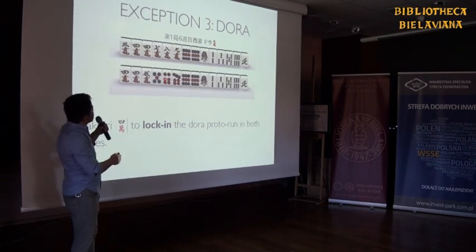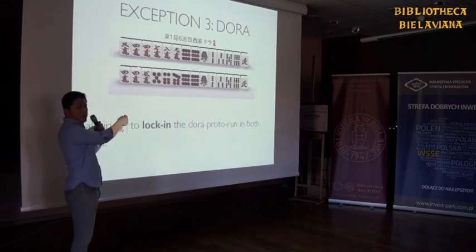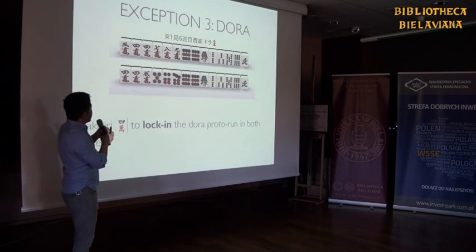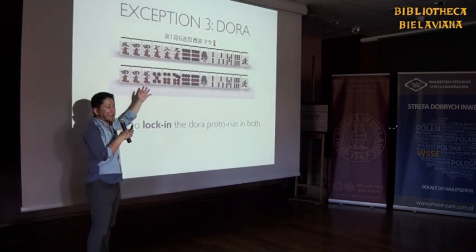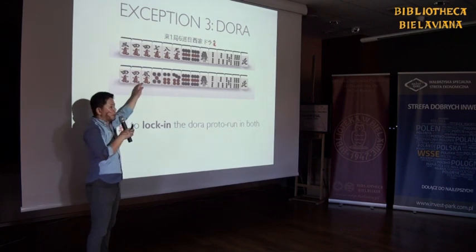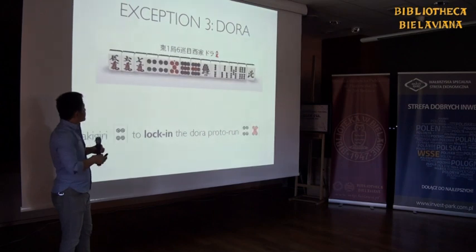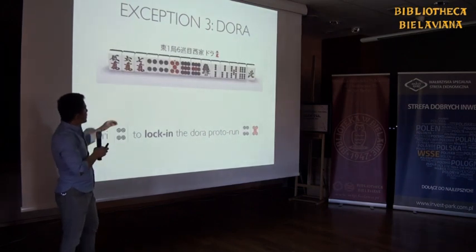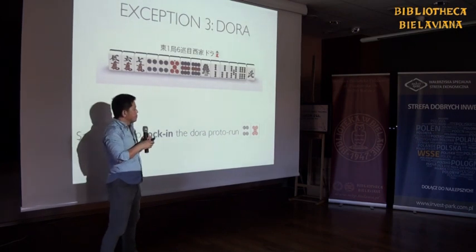Or here, Dora is 3 man again. You might just want to discard 1 copy of 4 man to lock in the 2-5 ryanmen or 3-6 ryanmen. That's sakigiri, but it's okay, because you're not going to discard Dora anyway. Or discarding 4 to lock in bit 5 is also okay.